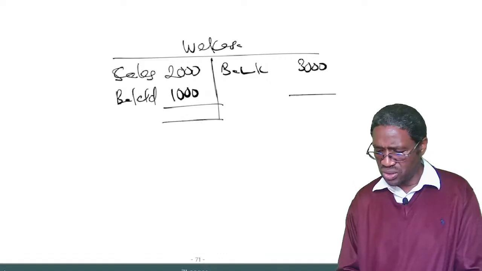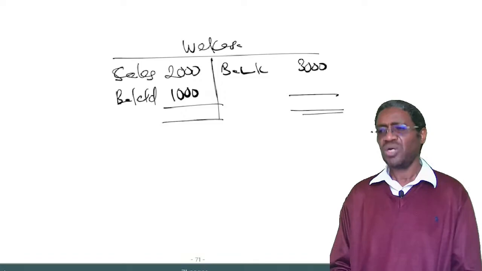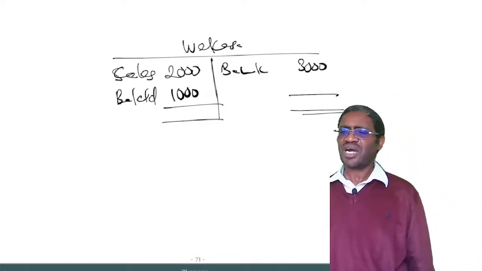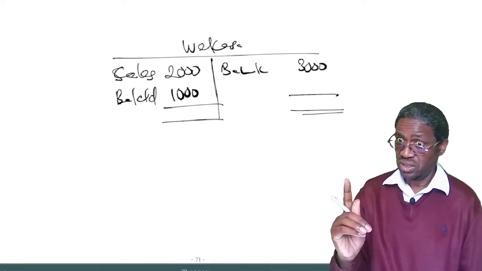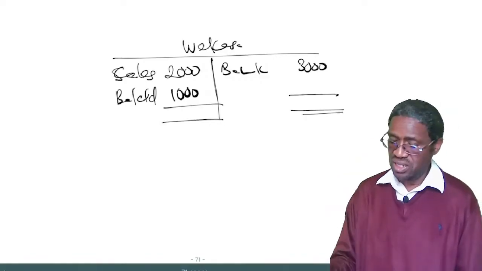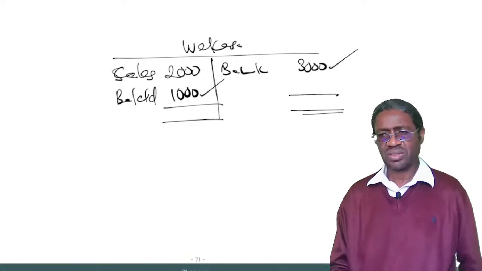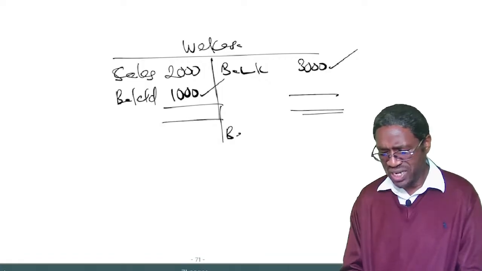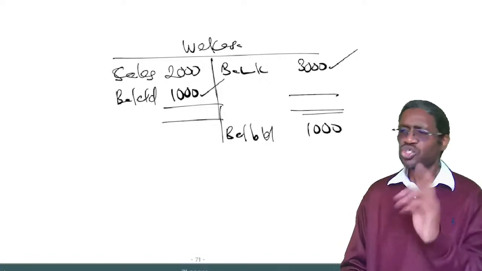That 1,000, what does it represent? Listen carefully. Here is a customer we sold goods to on credit for 2,000. He paid us 3,000. So this 1,000, which I have carried down on the credit side, which automatically means I'll bring it down on the credit side, that 1,000 shows what?